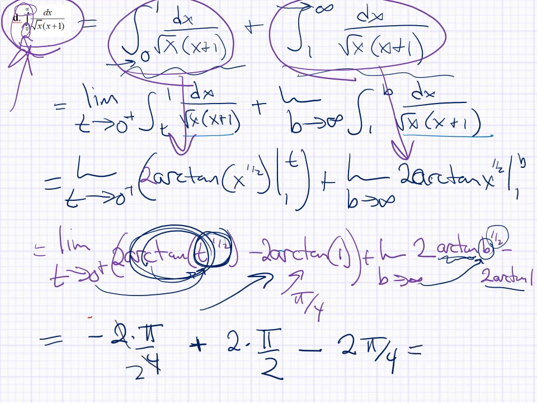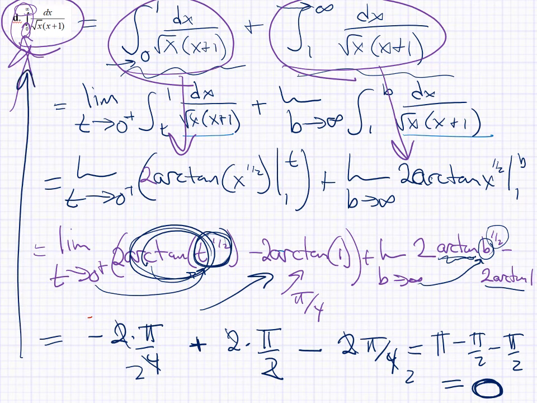This is going to be minus pi halves, plus pi, so pi minus pi halves, we in the end get 0, which is okay, right? I mean, getting an answer of 0 is fine. That tells us the original integral, which is all the way back here, converges to 0.